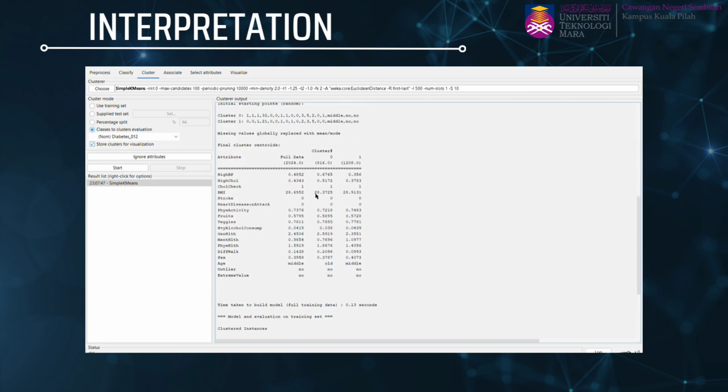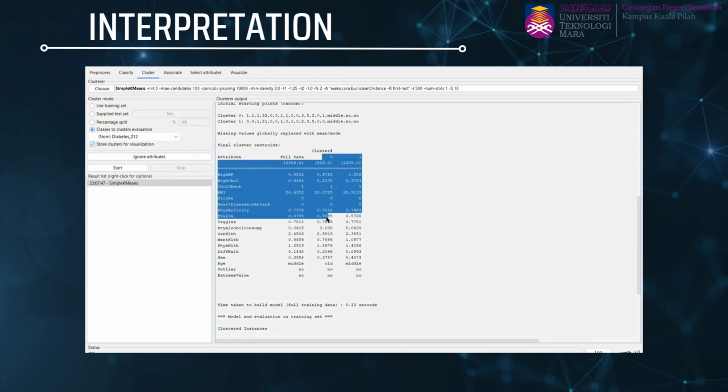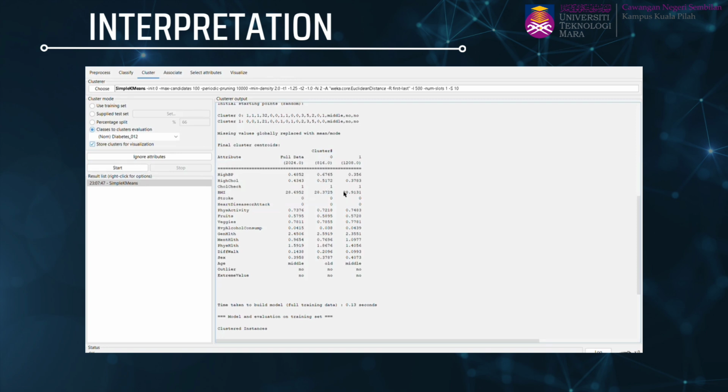However, the surprising one is that those with lower BMI than the usual amount, which is underweight, etc., are the ones to get diabetes a lot rather than those with higher BMI.